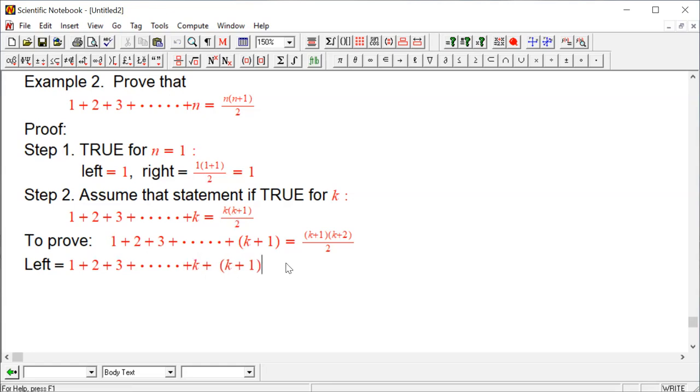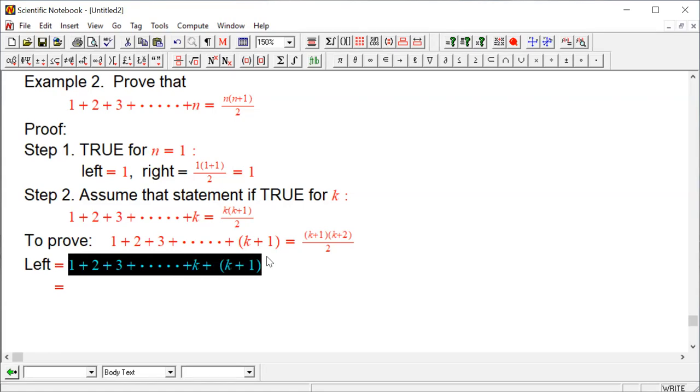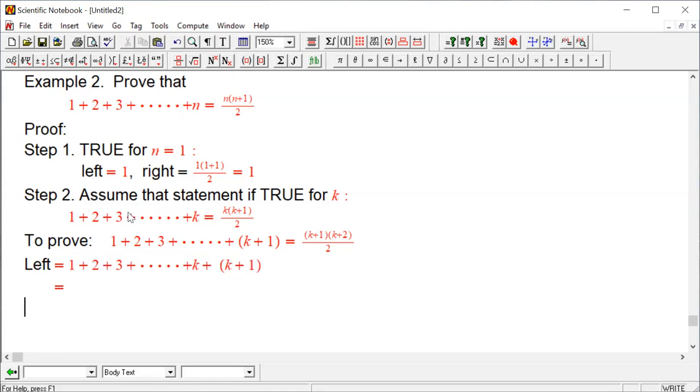It's a k. And for this part, we can use the assumed fact, right? The assumed fact says the sum of first k. So we're going to take these and group the first k together and apply what is assumed to be true for the first k.